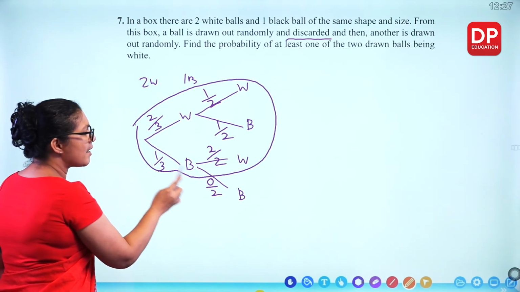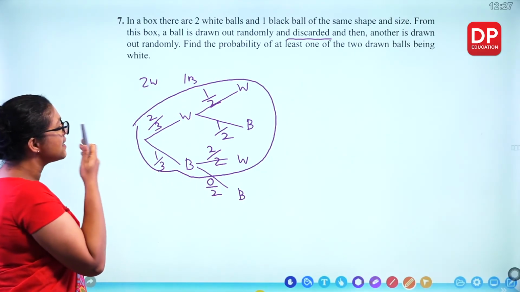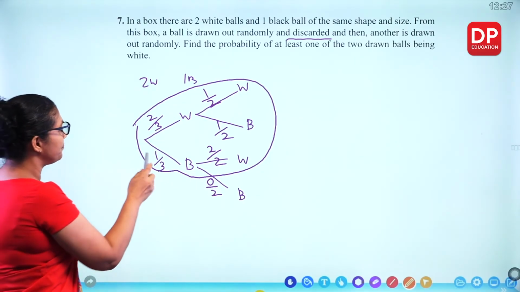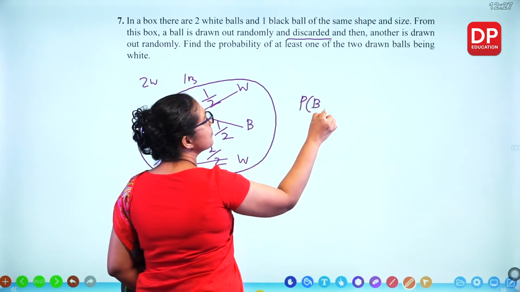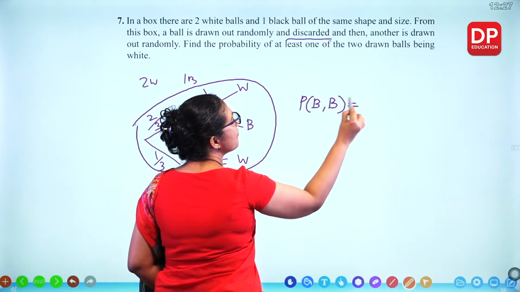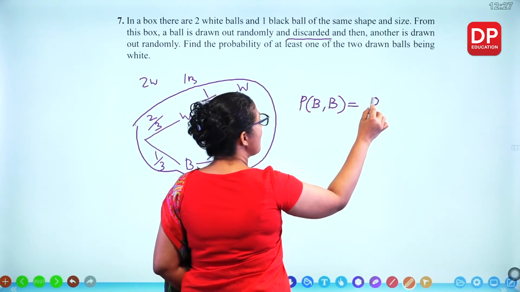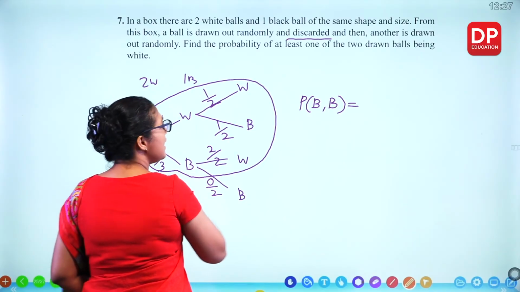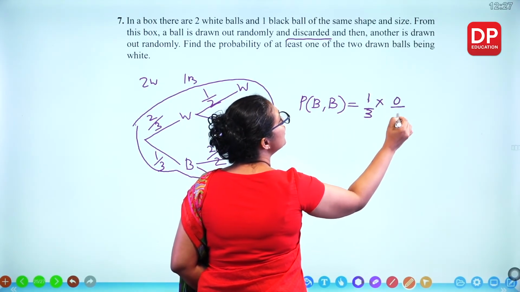So black and black, what happens to the probability? 1/3 times 0/2.